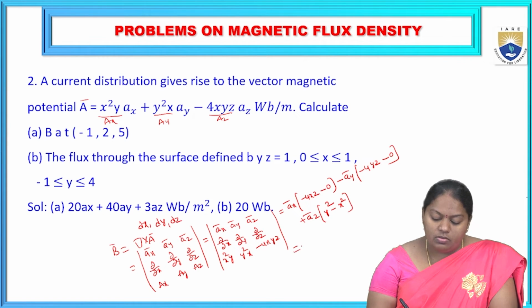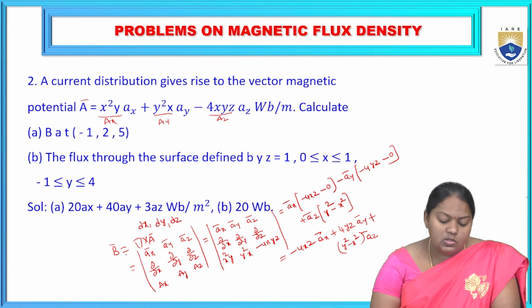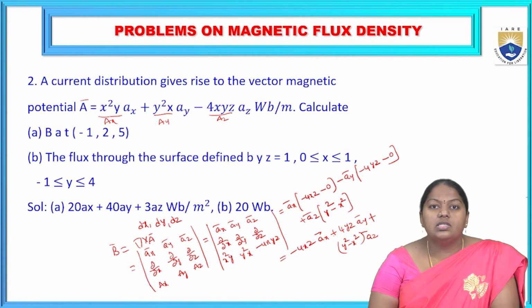Simplifying, it is minus 4xz ax, then since a negative is already there, minus into minus becomes plus 4yz ay, then plus (y square minus x square) az is obtained for B, which is equal to del cross A.